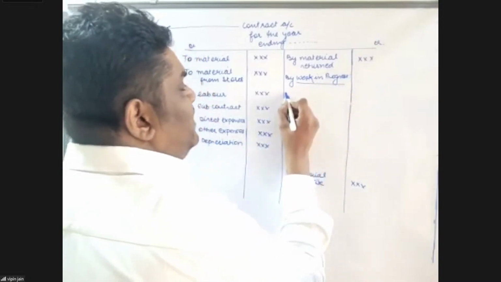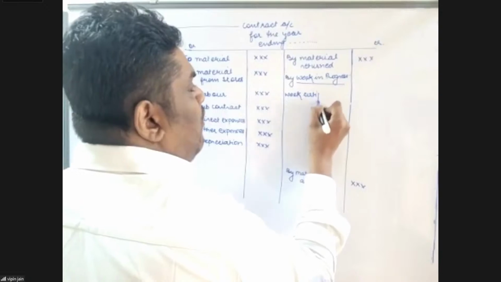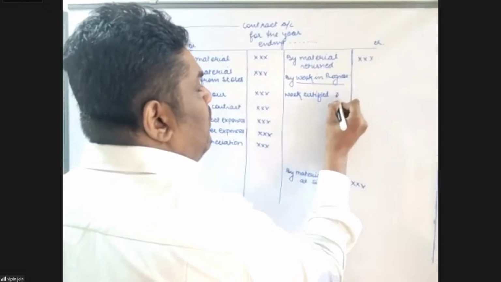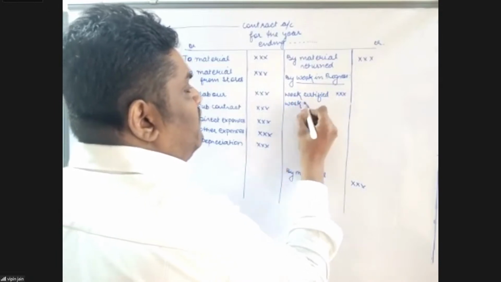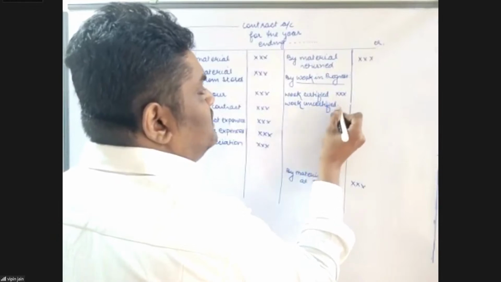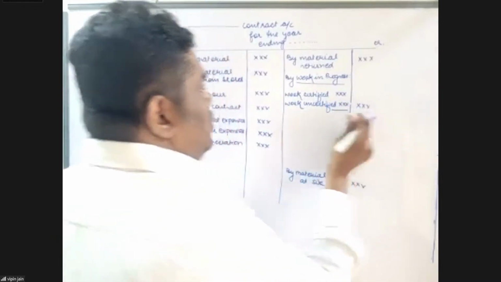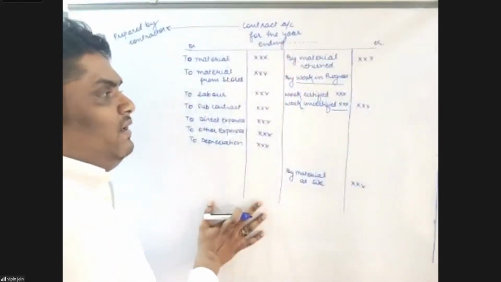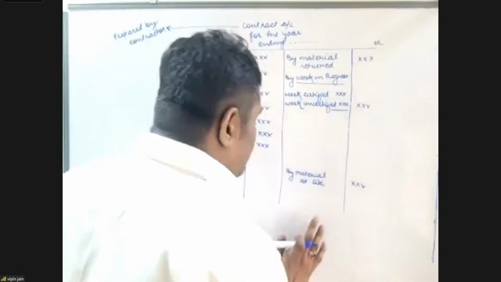We'll separately mention work certified and work uncertified. So this much is the cost that is incurred and this much represents the work that is completed.